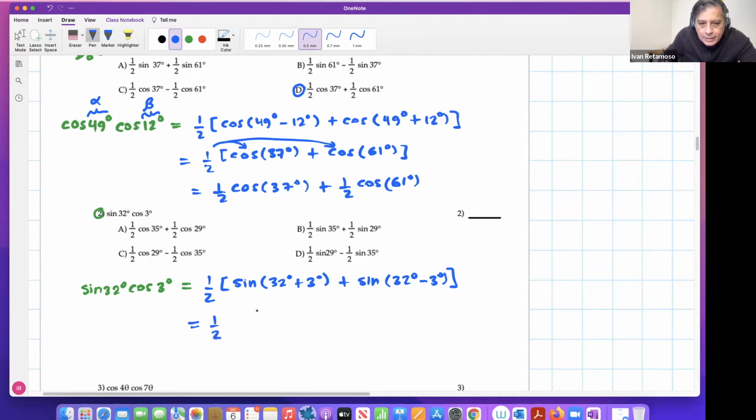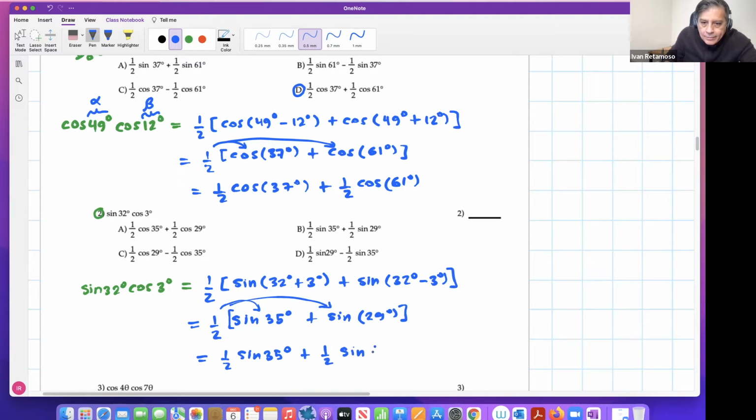This equals 1/2 of sine of 32 degrees plus 3 degrees, 35 degrees, plus sine of 32 degrees minus 3 degrees, 29 degrees. Very good. Now, just distribute the multiplication of a half. So 1/2 of sine of 35 degrees plus 1/2 of sine of 29 degrees. Great.